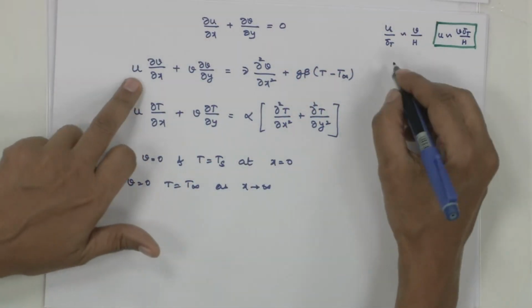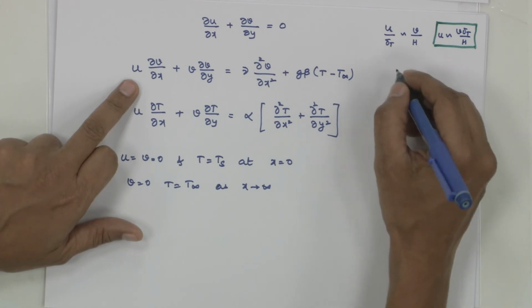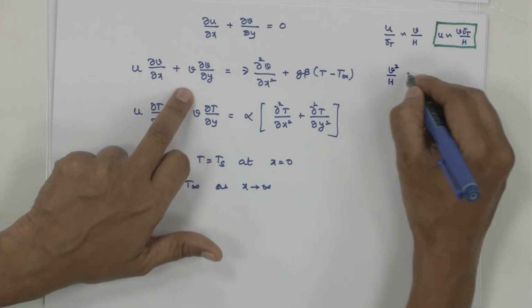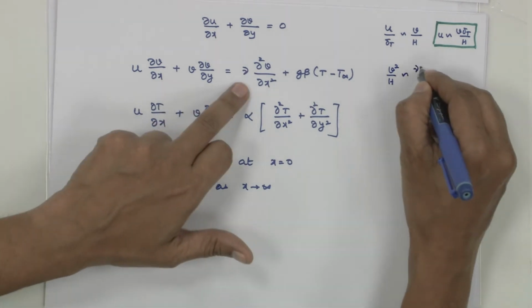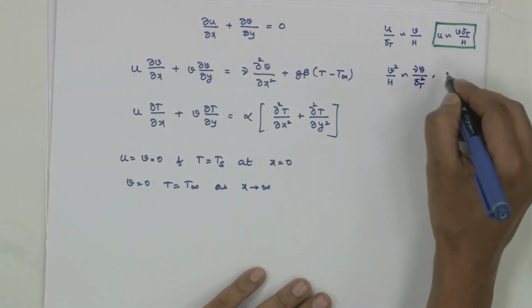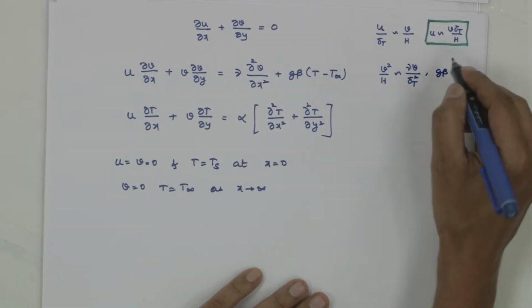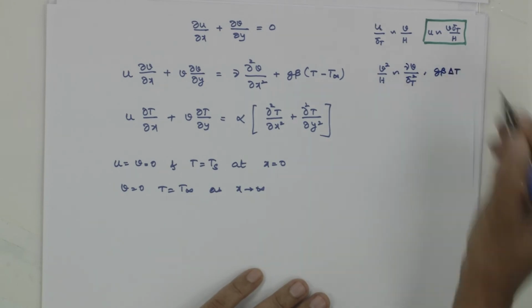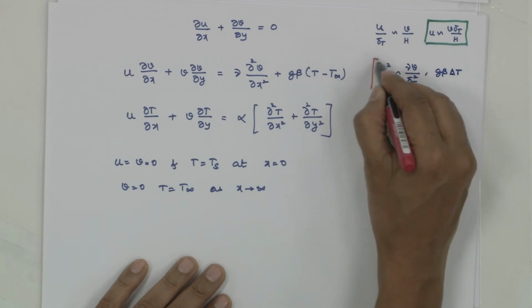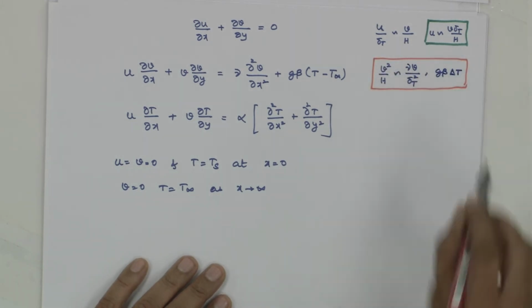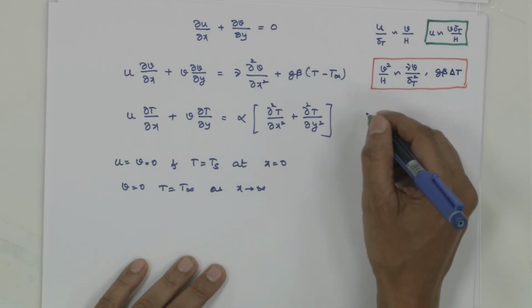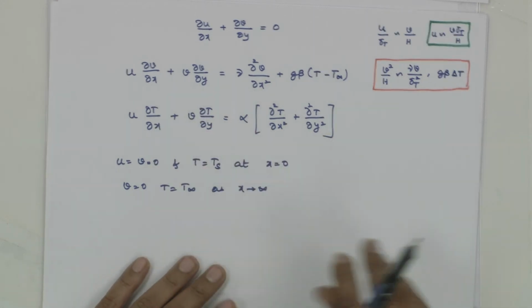And this scale we found: v squared by h is of the order of nu v by delta t squared, comma g beta delta T. This is for the x momentum equation.